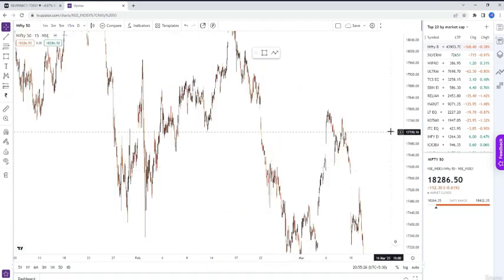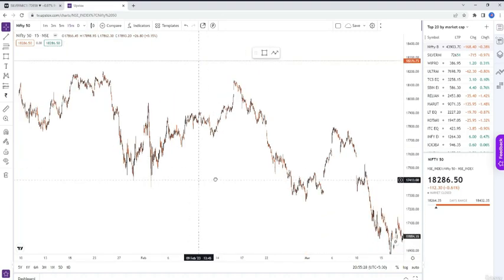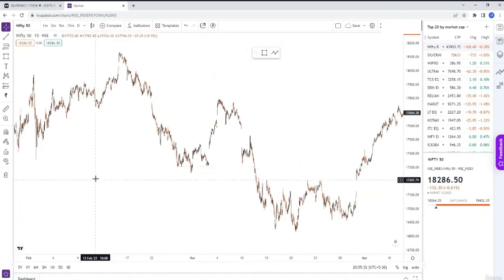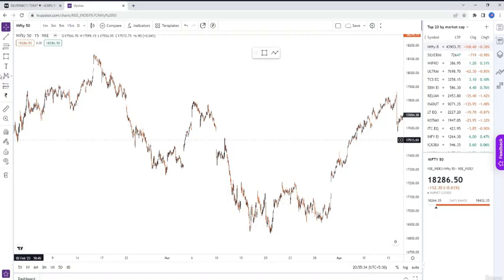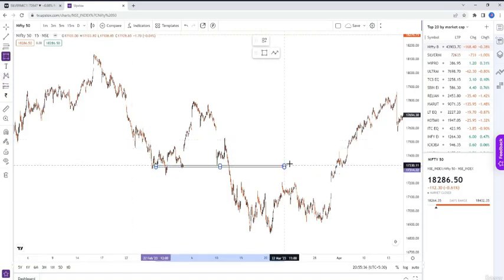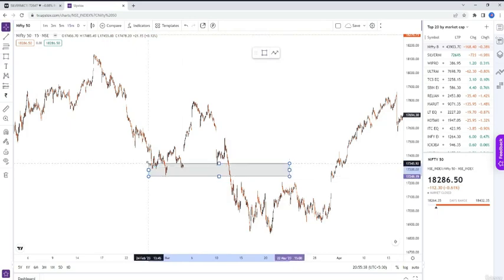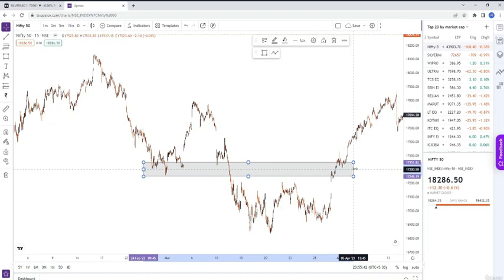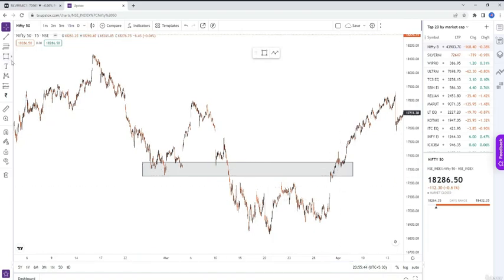Here, let's see, here are multiple supports. This area, multiple times it took support. So when it comes to this area, my plan would always be this.